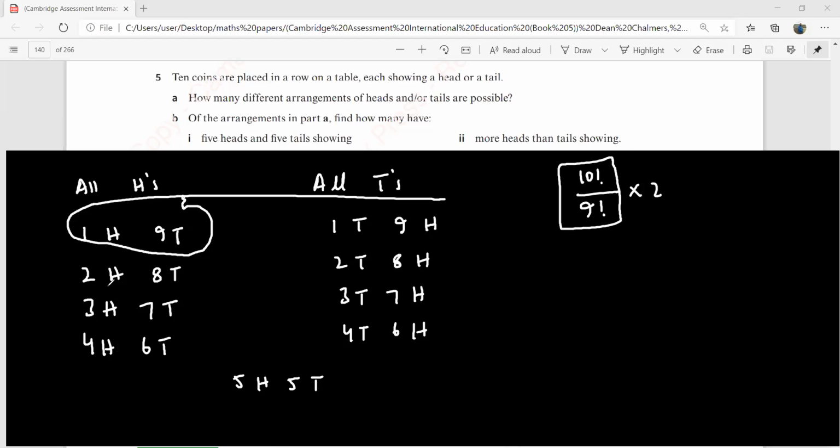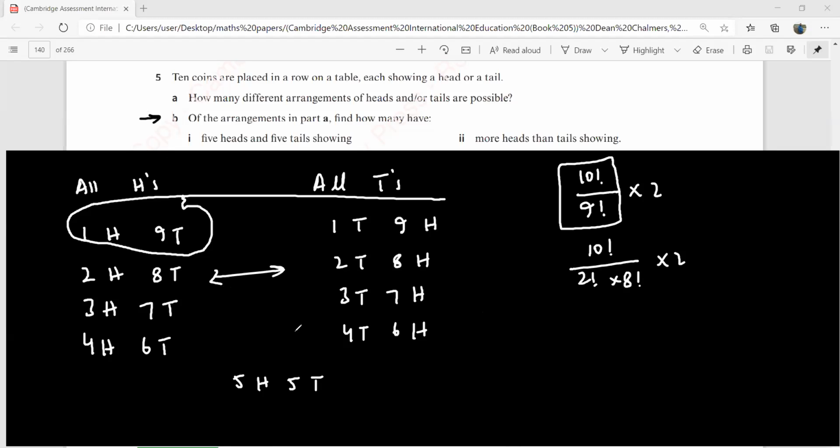Okay. So similarly for 2 heads and 8 tails, it would be 10 factorial over 2 factorial into 8 factorial, and you double that because of these two situations. Similarly, you find all of them and add all of them, and that would be the answer for this 5A.